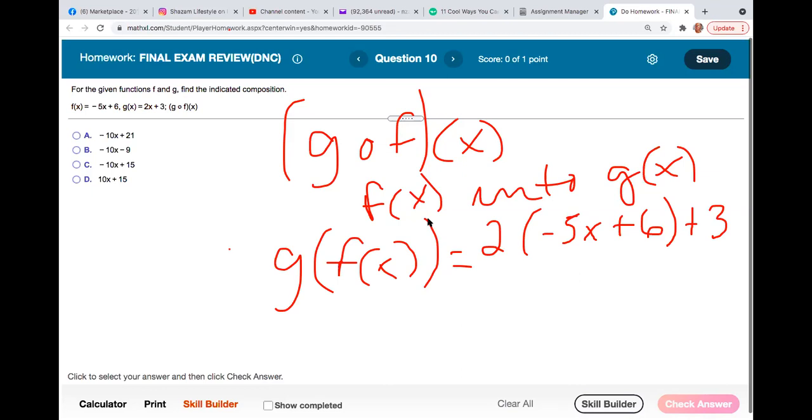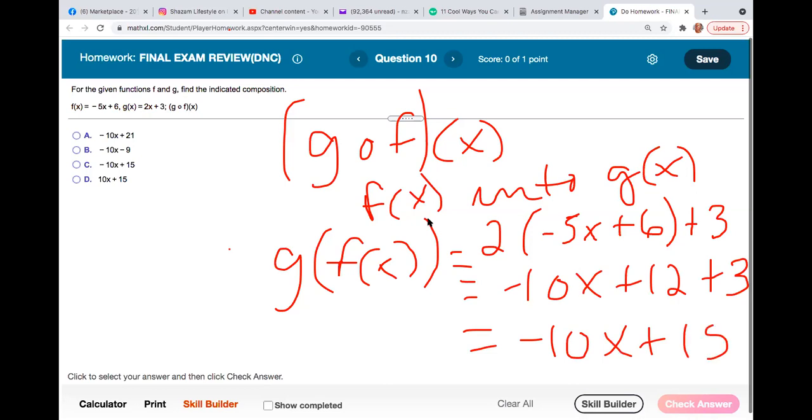So you're replacing the x in the g function with -5x plus 6, and then you work it out. So you get -10x plus 12 plus 3. So this simplifies to -10x plus 15. And that's it.